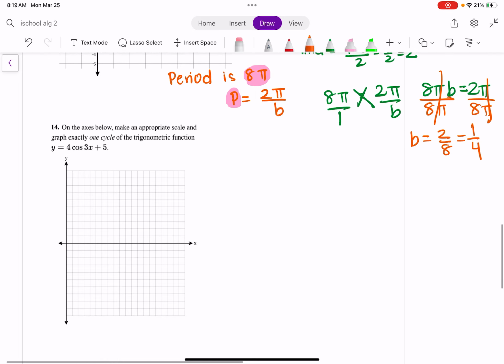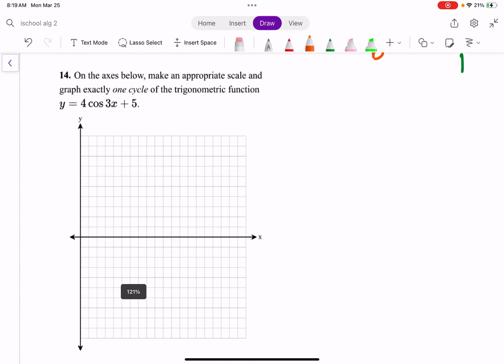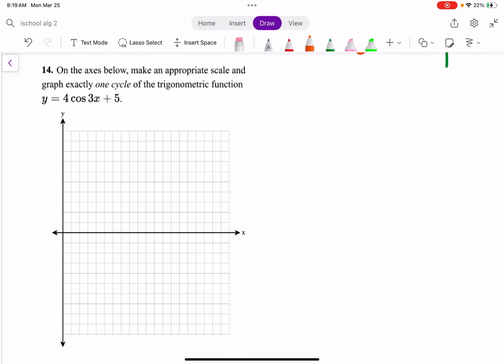What we're going to do now is we're going to practice actually graphing. Okay? It is asking us to graph one cycle of the trigonometric function. Okay? In order to graph one cycle, we need to know what the period is, right? We need to know where the cycle ends. So I am given my b here, which is 3.